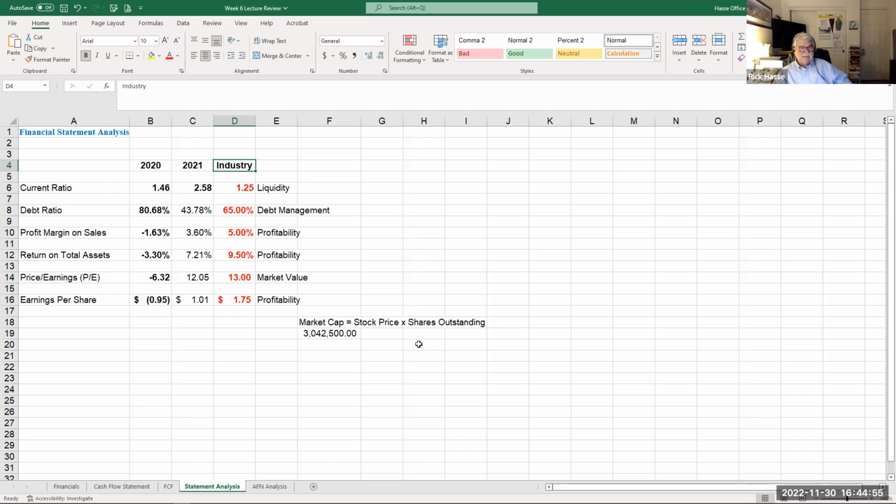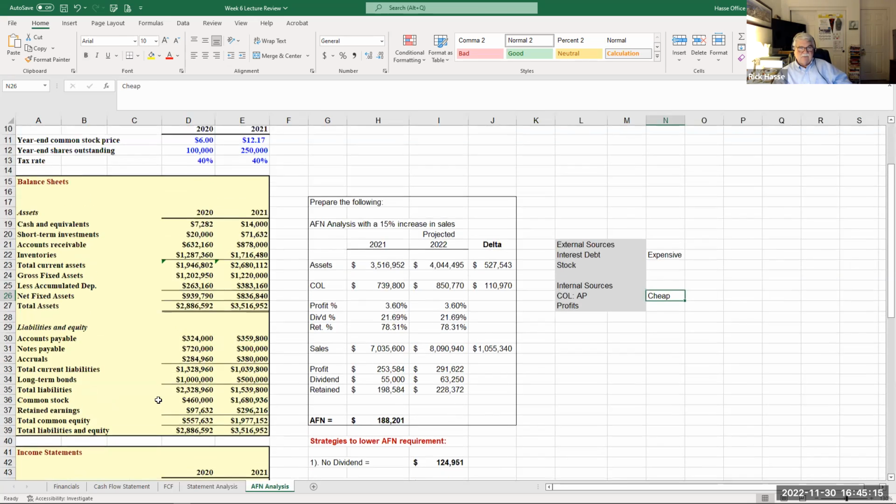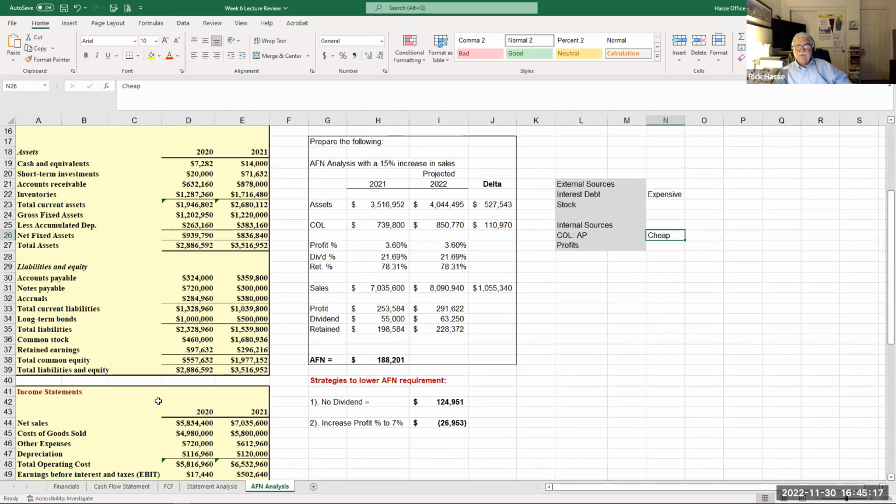So this is statement analysis, a very key indicator for financial strategic purposes, how we are doing trending wise and comparable to our competitors. And the final tab of this spreadsheet is how do we take financial statements, here's our financial statements again, and predict what we're going to need for capital in the future.